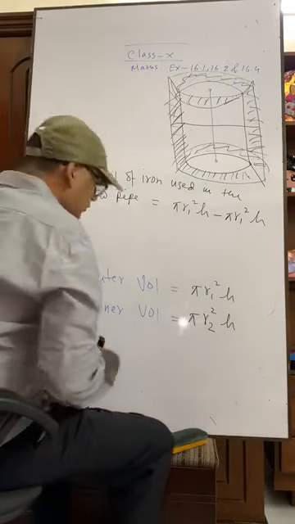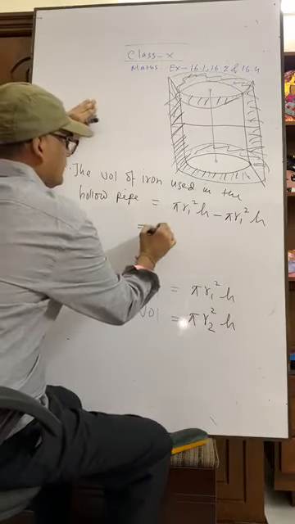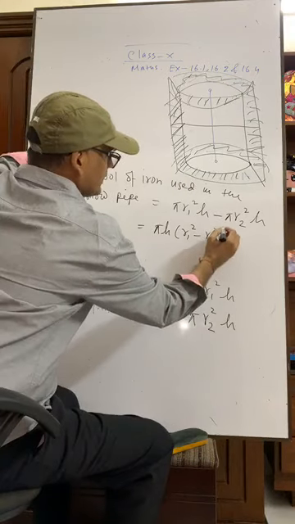Now we can write here pi h, that is R1 square minus, I'm sorry, R2 square.